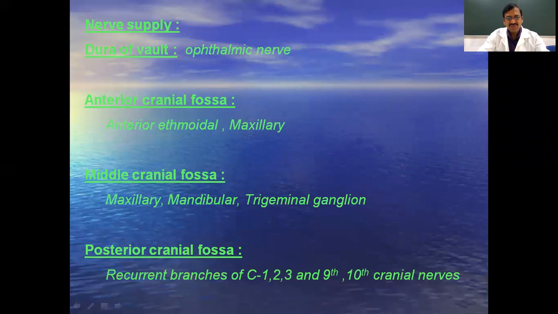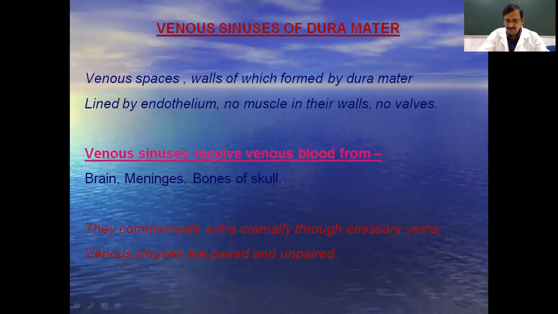The middle cranial fossa receives nerve supply from the maxillary and mandibular divisions of the trigeminal nerve. And the posterior cranial fossa is supplied by the recurrent branches of C1, C2, C3, and the 9th and 10th cranial nerves. That is the nerve supply.